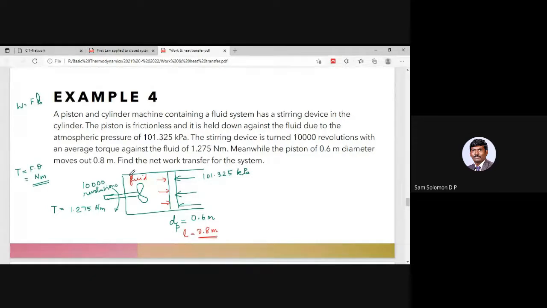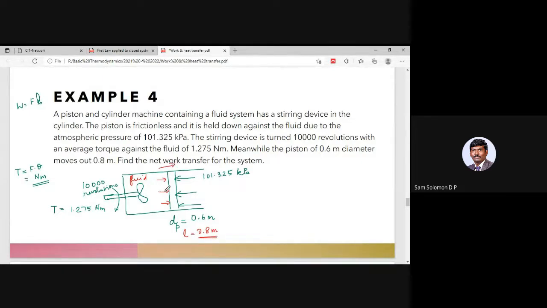There is a green color force, which is the force exerted in terms of pressure by the atmospheric air, and there is another pressure which is exerted by the fluid on the piston. When the pressure on this side of the cylinder, the red color line, is greater than this pressure, then the piston will be moving towards the right.